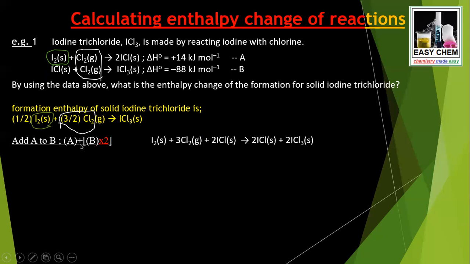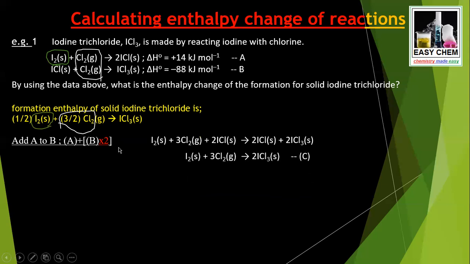So when you do it, you get I2 solid, here I2 solid. We have 3 chlorine here in the final equation. Why 3 chlorine? Because when you multiply B by 2, we get 2 Cl2 plus 1 Cl2, we get 3 Cl2. And then we have 2 ICl because we multiplied B by 2, so this becomes 2 ICl solid.